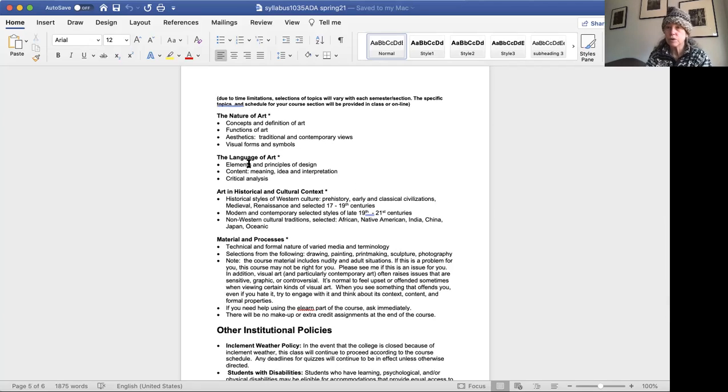The first part of the course is kind of artist shop talk, you could say, like what artists talk about when they talk about art: the elements of art, composition, different media, the art market, and so on. Then the second part, the second two-thirds of the class, is basically a world art history class. So it's kind of a review of world history, and an introduction to the history of art.